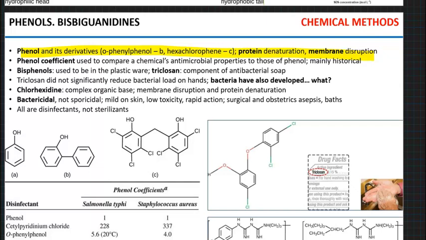They work through disruption of the membranes and denaturation of proteins. Bisphenols, like these guys and these guys, were used in the plastic bottles as antibacterial compounds. Turns out they screw up human endocrine system. So if you have a plastic drinking bottle around you and you look at the bottom and it says BPA free, that's it.